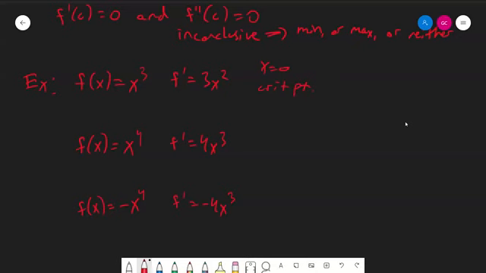And so what you would do is test that into the second derivative. So the second derivatives look like 6x and 12x squared and negative 12x squared. And notice that in all of these cases, if I plug in 0, well, they all give me 0.